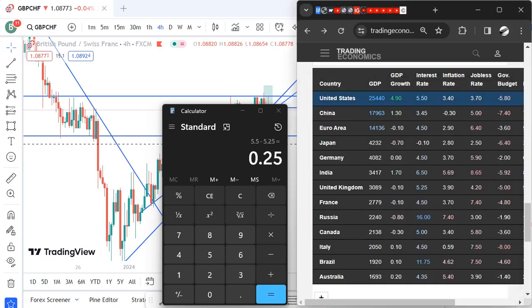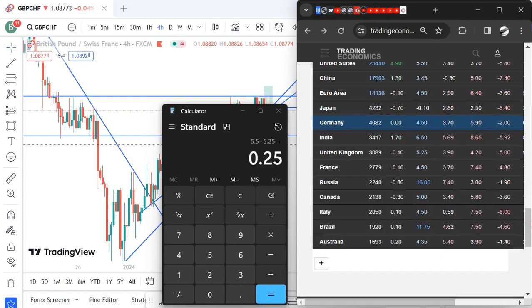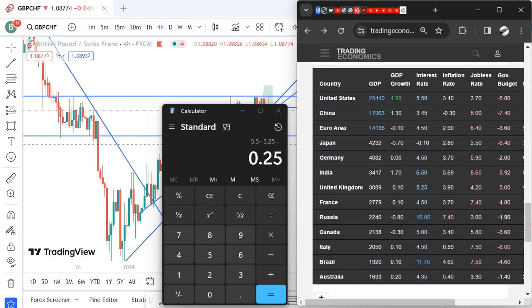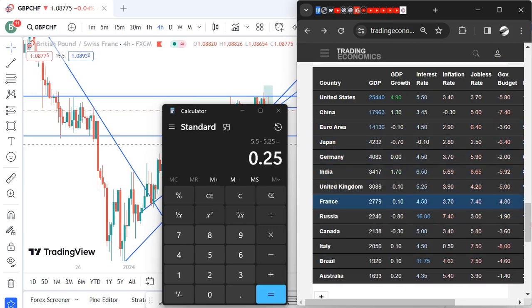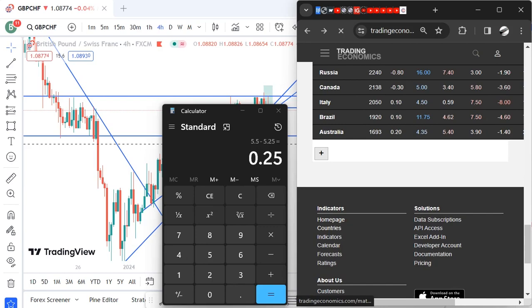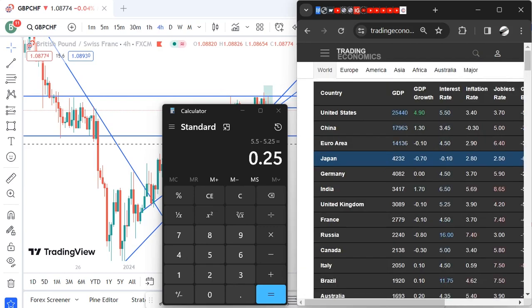So let's go to our chart and look for Switzerland, and you can see that Switzerland is not within these first countries. So I'm going to click on this plus here to display all the countries.